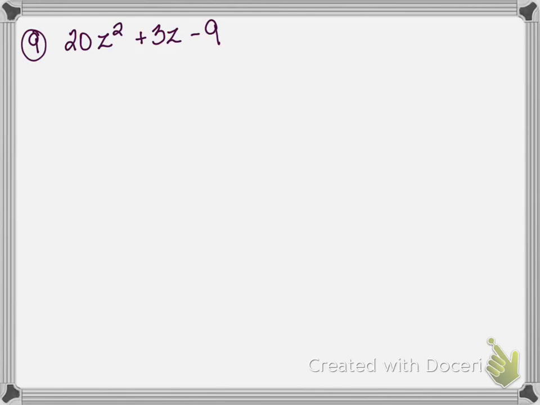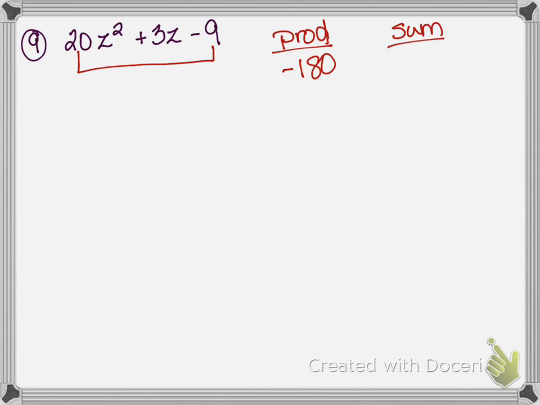Okay. I've got a variable in front of that squared value. Okay? So that means I've got to do the AC method. So I've got to say 20 times negative 9. So my product here is what? Negative 180. My sum is 3.